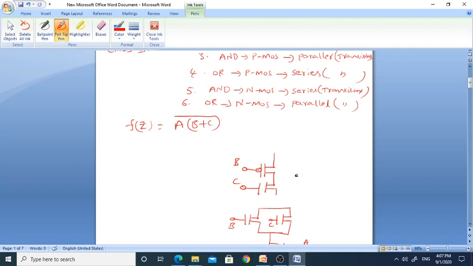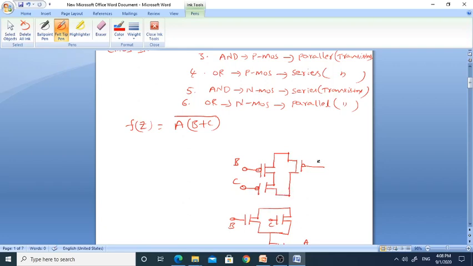So A is in parallel with this B plus C. So this is PMOS, and we are joining like this.